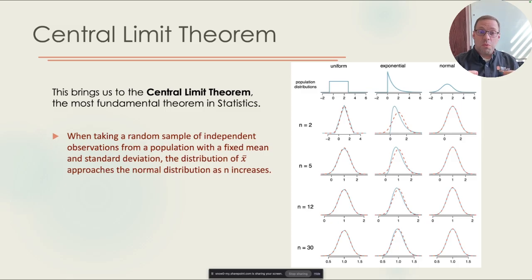When taking a random sample of independent observations from a population with a fixed mean and standard deviation, meaning when you're taking a sample from any population, regardless of the distribution, then the distribution of your sample mean approaches a normal distribution as your sample size increases. There you go. That is your central limit theorem.